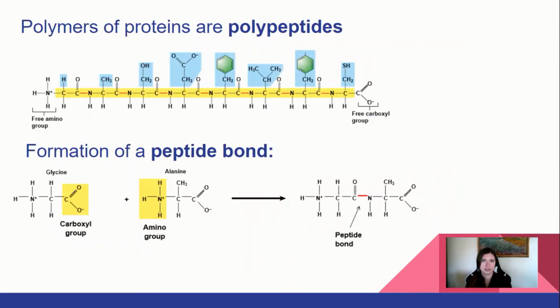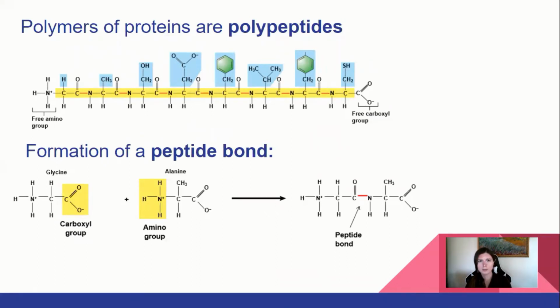The other thing that allows proteins to do so many different jobs is that proteins have complex structure. And what I mean about that is that they're going to have three-dimensional structures. They're going to be kind of crumpled in on themselves in a huge variety of ways.